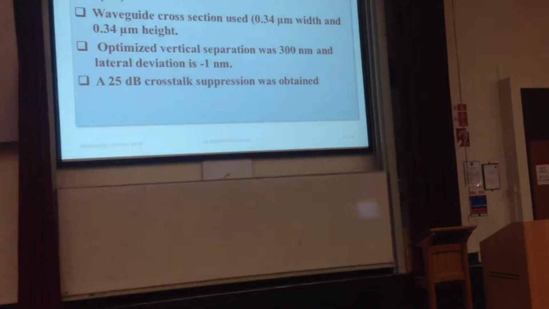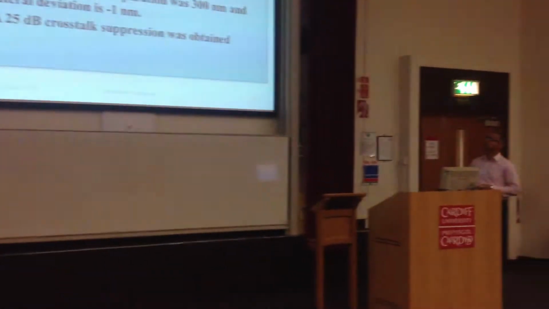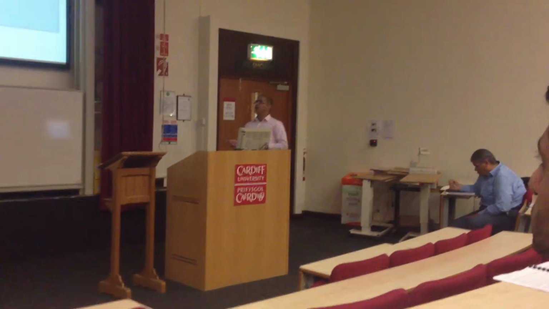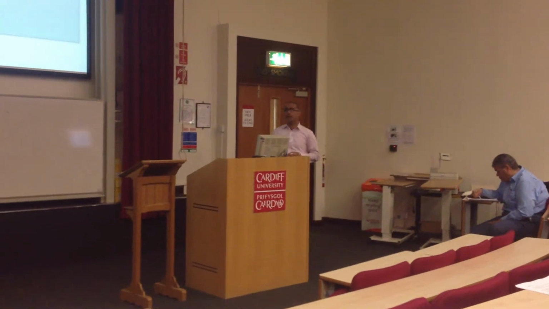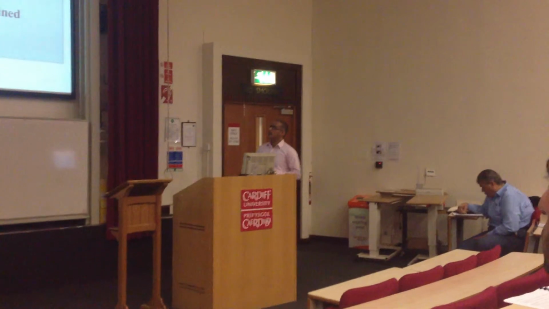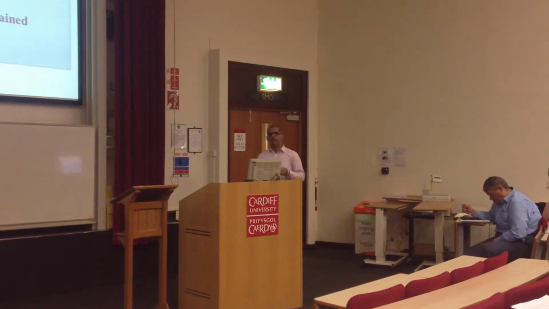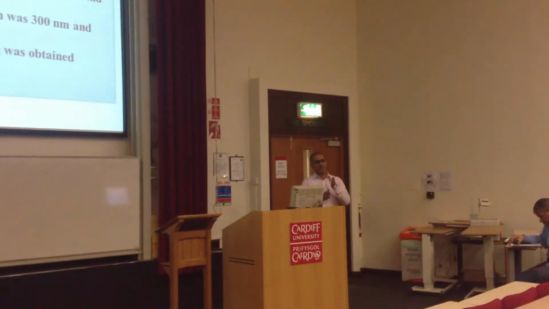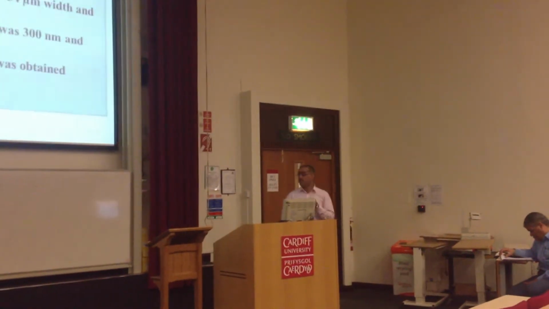The cross section of the bus waveguides was chosen to ensure single mode propagation, TM mode, so it was taken as 0.34 micrometer width and 0.34 micrometer height. We start the optimization by first keeping the lateral deviation A as 0, so both the ring waveguide and the straight bus waveguides have the same center.